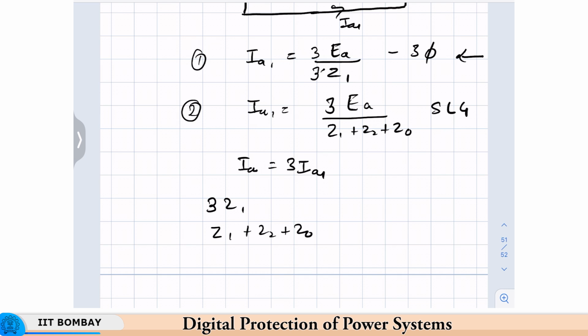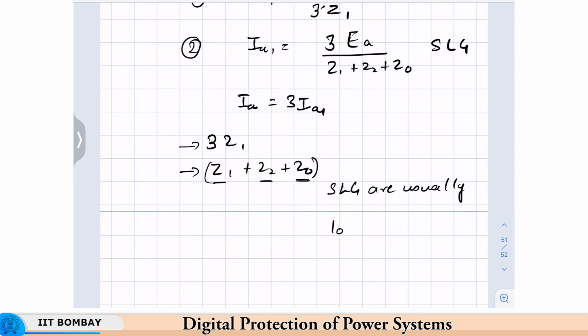Now, usually Z1 and Z2 are in most cases equal to each other, and Z0, if there is an extensive transmission line network, is higher than the two. So, if you compare these two, you will see that this addition is higher. So, this denominator is higher, and that is why you will find that single phase fault currents or SLG fault currents are usually lower than 3-phase fault currents.